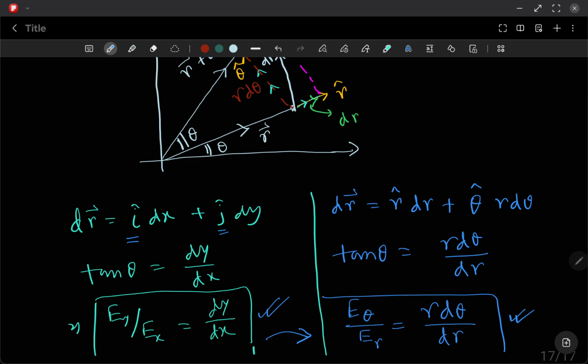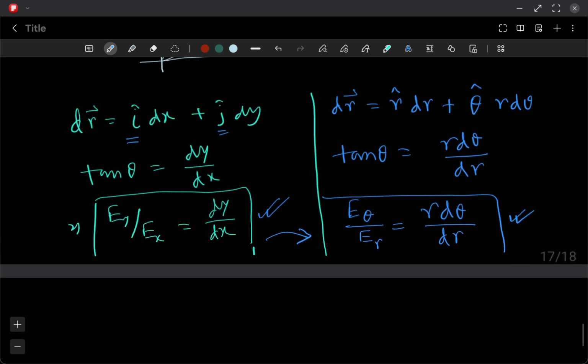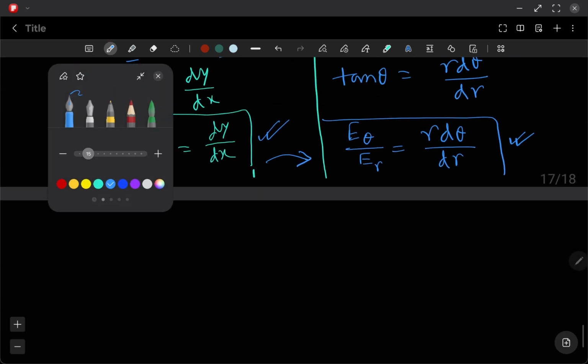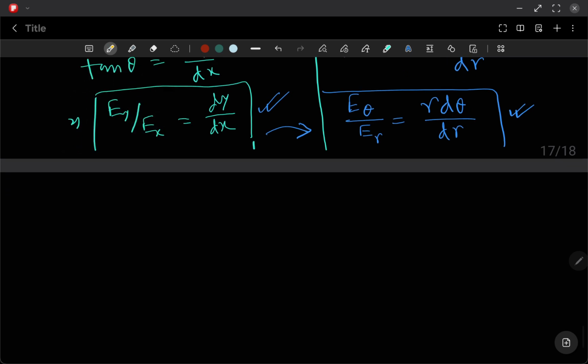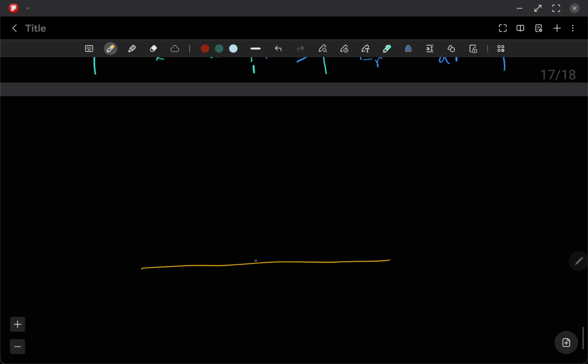Okay, why do we need to consider this radial and transverse direction? See, this one also is known to you very clearly. For a dipole, we knew the electric field at any arbitrary point, where this is r and this is theta. We considered one axial field E1.